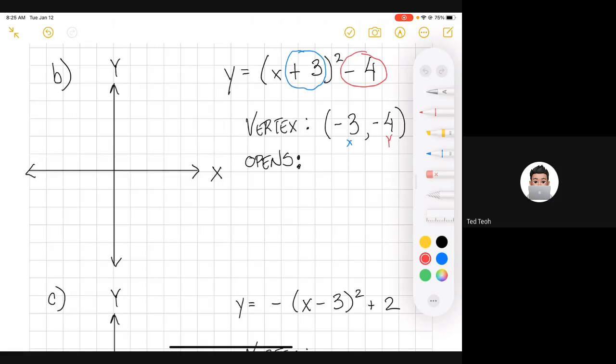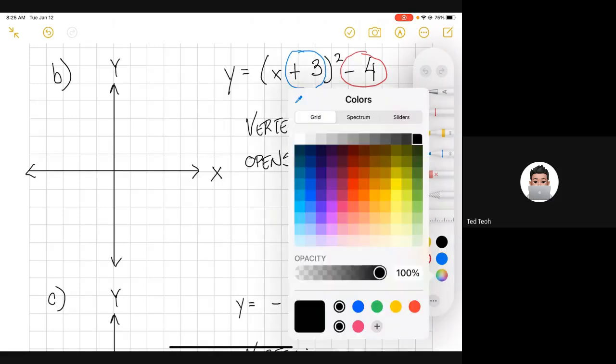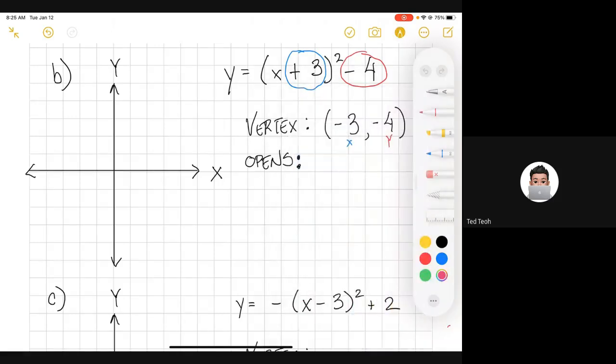Okay, so now I need to find out step 2, which is which way does the graph open? If I look after the equal sign, it still opens up. Step 3 is to plot the vertex. Okay, so on my graph, I'm going to go negative 1, negative 2, negative 3 is over here for the x.